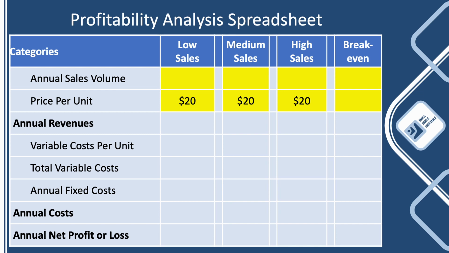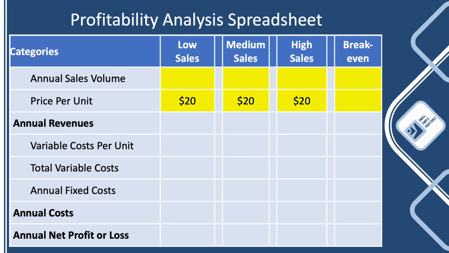However your business is structured, in order to estimate the profit potential using this spreadsheet, you need to first decide what your units of sale will be. Then you can decide on a price per unit. In this example, to keep things simple, I'm going to use $20 per unit.